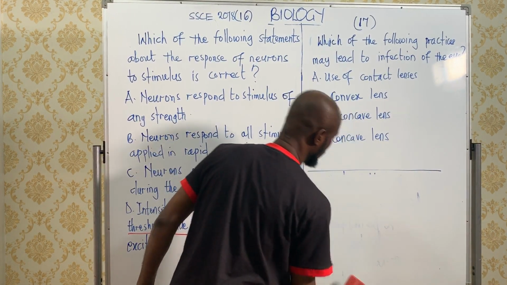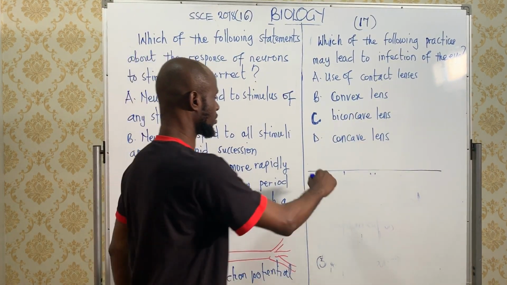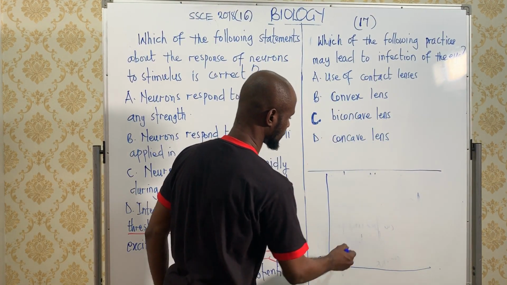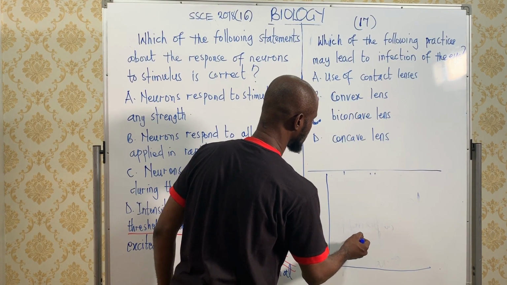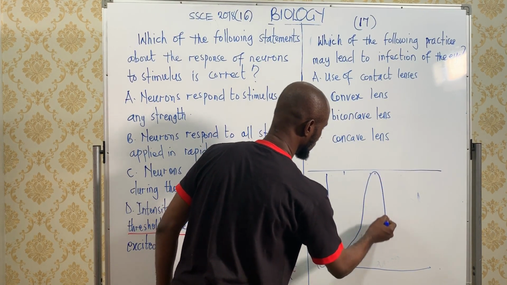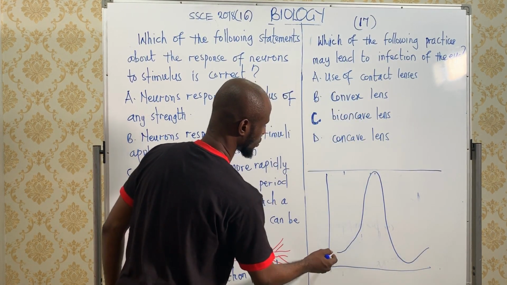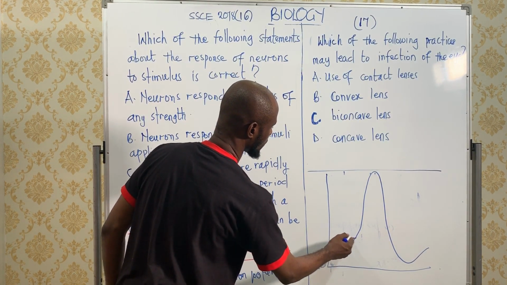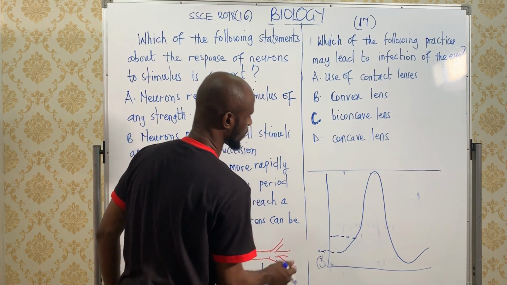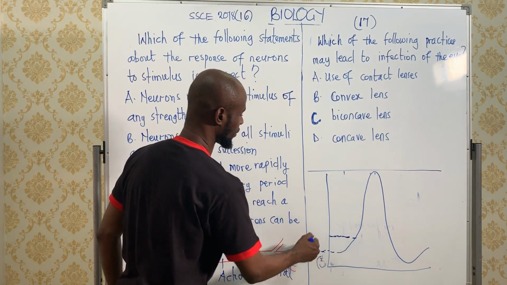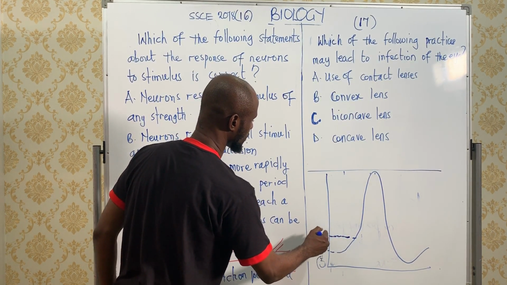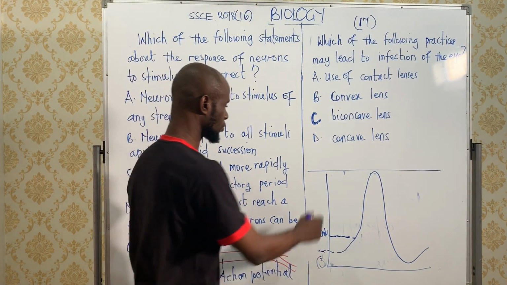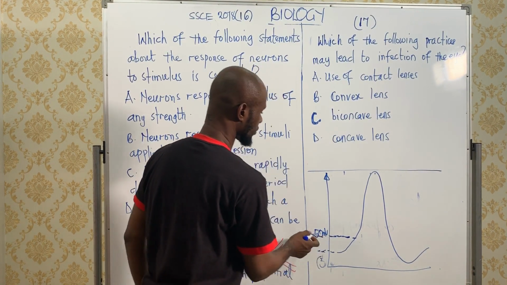So when we have other questions related to that, I can treat that very well. So we have this. This is the resting potential, minus 50, measured in millivolts because it's potential difference. That's PD and voltage. So this is the threshold potential.